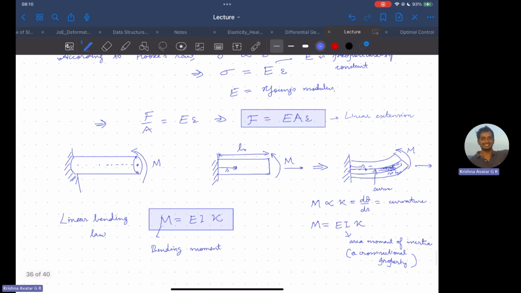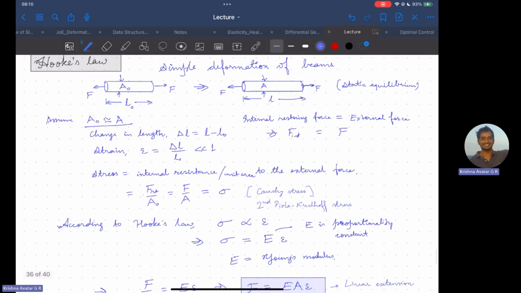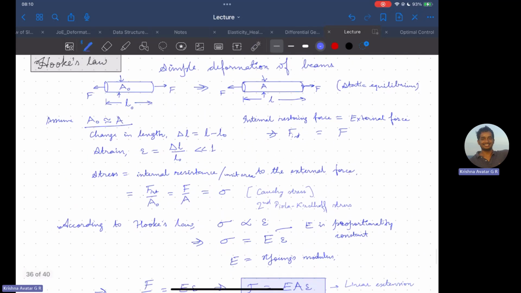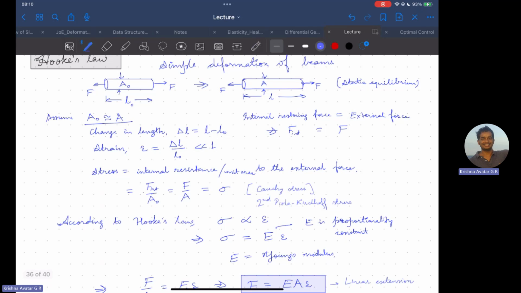Now let's move to a different case. This structure can undergo three sorts of deformation modes, as we would like to call them. Let me draw it fresh here. Say this structure can undergo extension F, moments M, and then torsion T. A moment is like you are applying a sidewise force such that you are trying to bend it, so that's the reason we call it bending moment.